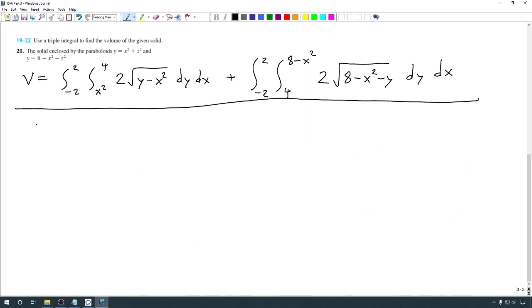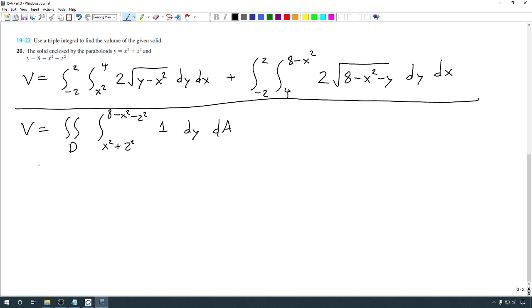So as a type 3 region, our volume, we'll just say it's the integral over D. We'll figure out what our region of integration is in a moment. But we are basically integrating from x squared plus z squared up to 8 minus x squared minus z squared of just 1 dy dA.